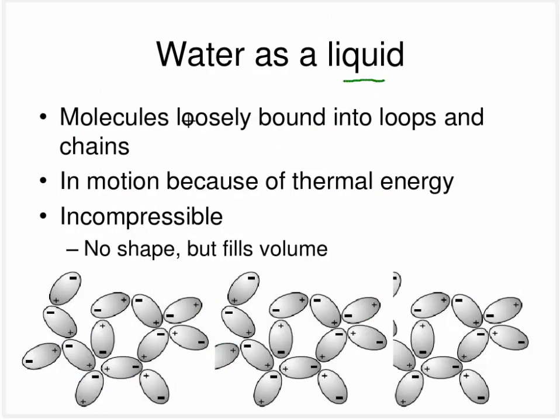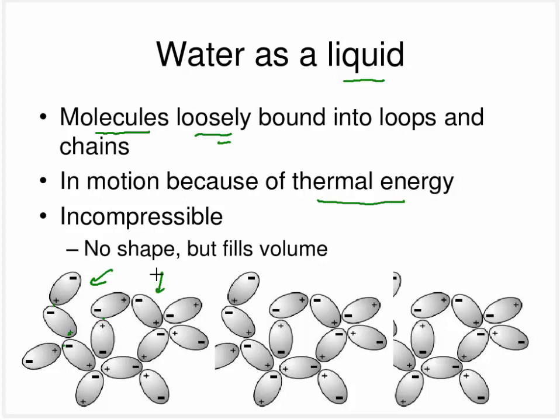Water as a liquid, you can think of these as the same thing. It's going to be water molecules, and these are loosely bound into loops or chains that can slide up against each other. And these are in motion because they have some energy. You can think of these as all little water molecules, and there are some bonds here, some bonds here, bonds here.